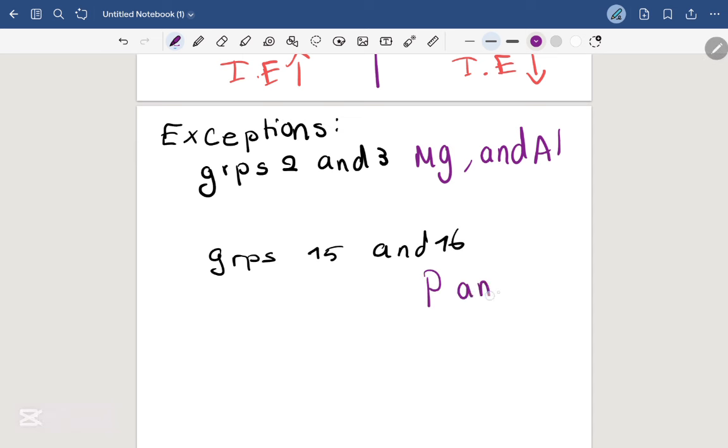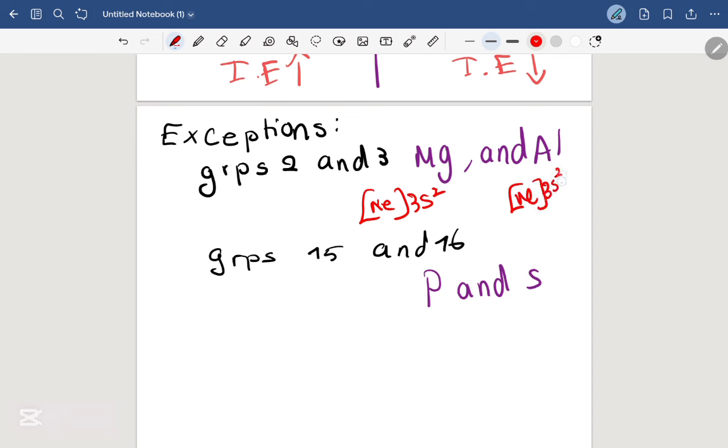Now let us write the electronic configuration of all of them. First of all, for magnesium, it is neon 3s2. For aluminum, it is neon 3s2 3p1.